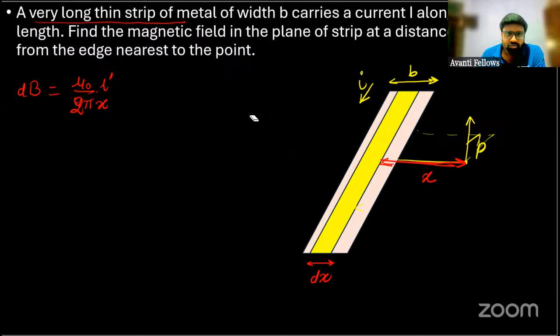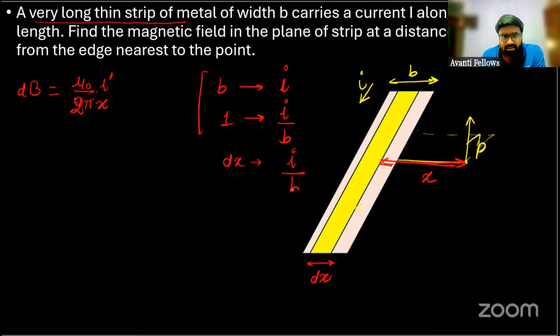अब देखो I is also controversial here. This I is the total current of width B. So what will be the current of width dx? So इसके लिए we will use the elementary method. Total width B से current is I. So unit width से कितना current होगा? I upon B. So dx width से कितना current होगा? What will be the value of current from dx width?